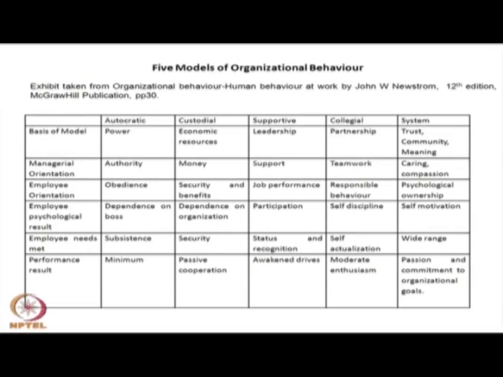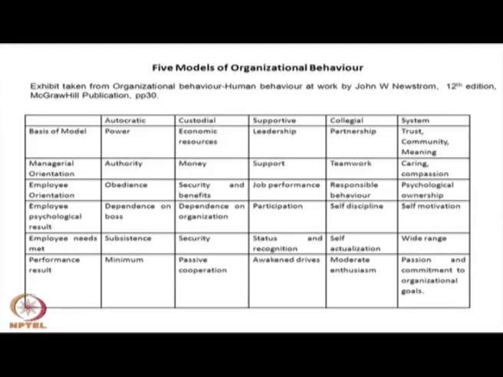The 5 models of organizational behavior tell about 5 styles of the organization. These 5 styles are listed as autocratic, custodial, supportive, collegial and system.